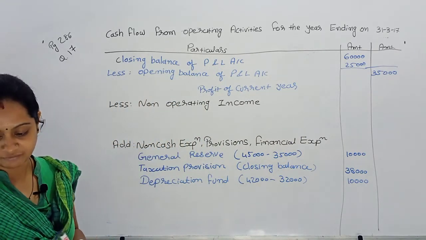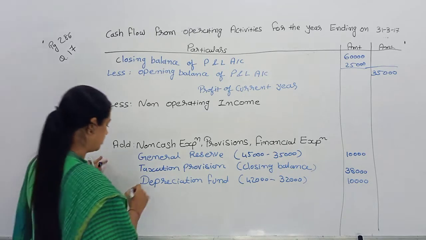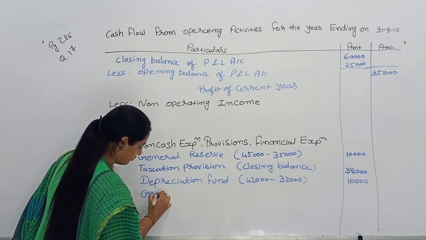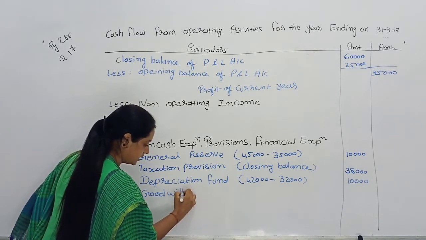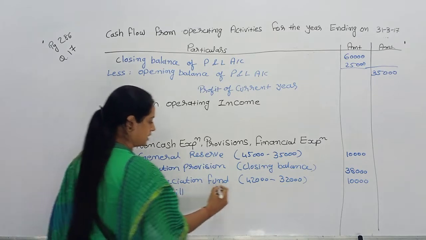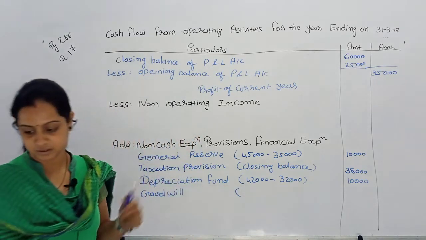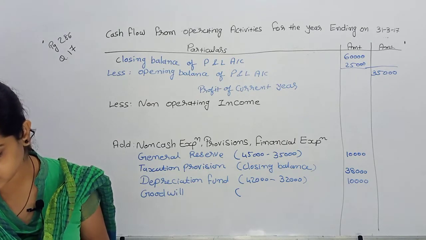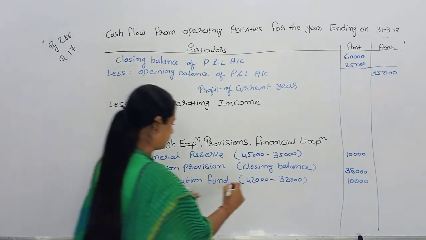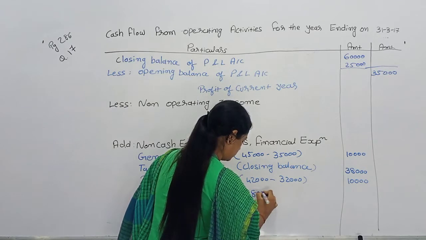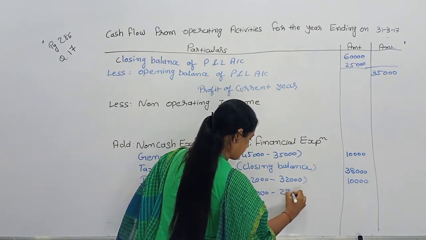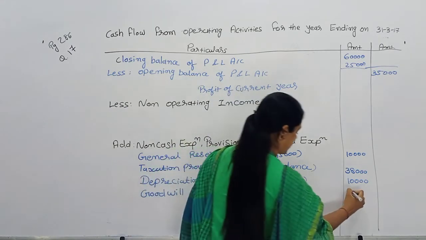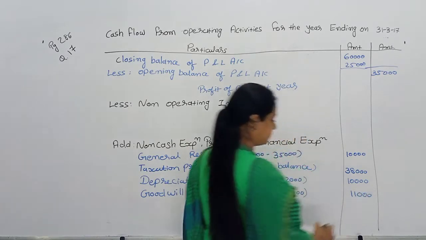Then goodwill. We have written off our goodwill. That means the value of our goodwill has been decreased. Goodwill amount 38,000 minus 27,000. So our answer will be 11,000.